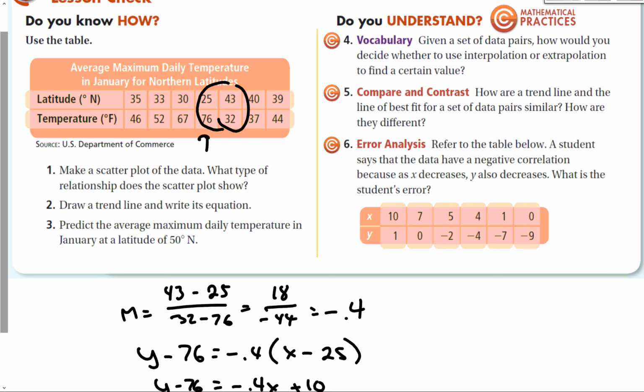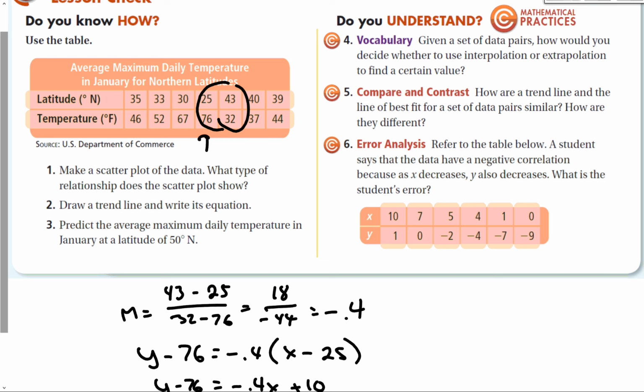It depends on how far forward you're looking, right? If the domain of your data is in between what you're trying to look for, then you can use interpolation. If you're going past the data that you have, you can use extrapolation.